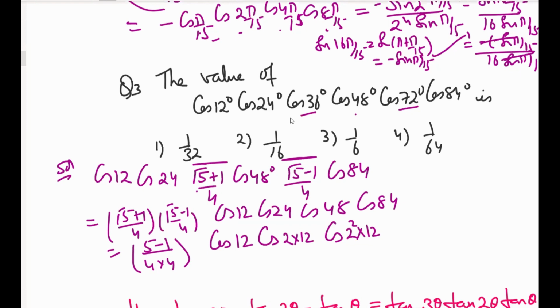But the last term is 84, and if I do 2³ into 12, that is 8 into 12, and my answer comes out to be 96. But here what is written? 84. So you can convert this 84 into 96. How? You can write this 84 as 180 minus 96 comes out to be 84.